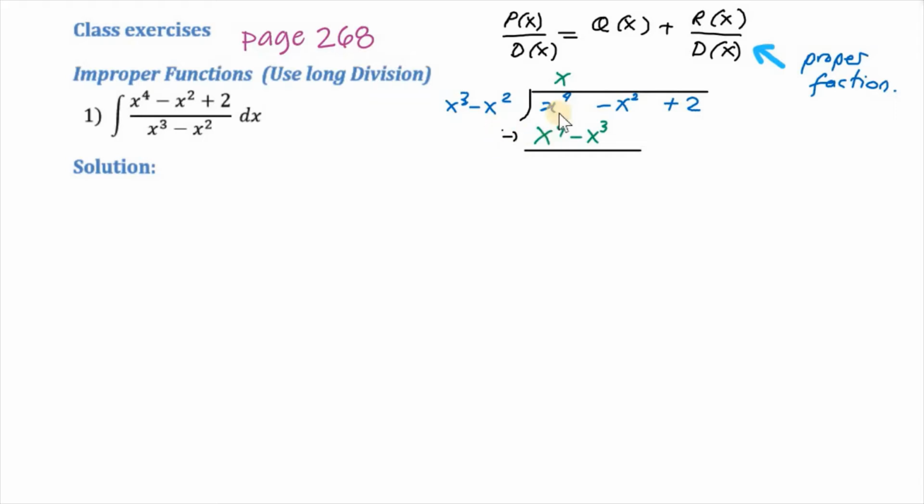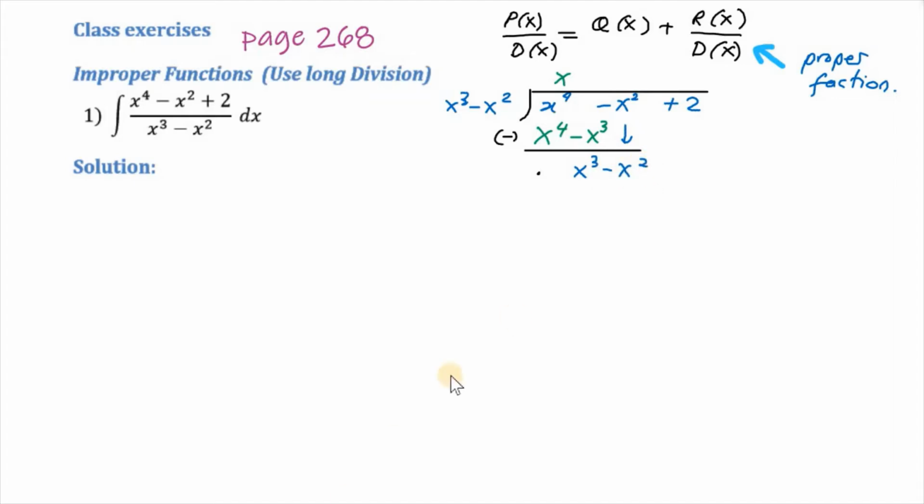Then minus, this minus this, there's none, 0. Over here there is no x cubed, or actually there is a 0 x cubed. 0 minus negative x cubed, we get x cubed. Positive, right?